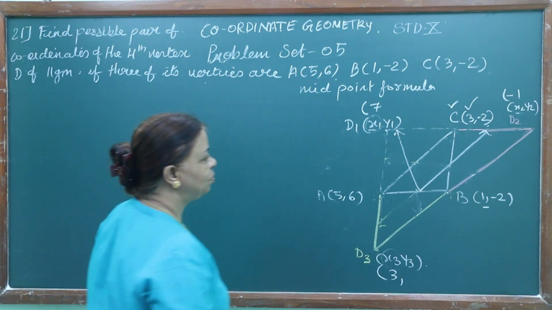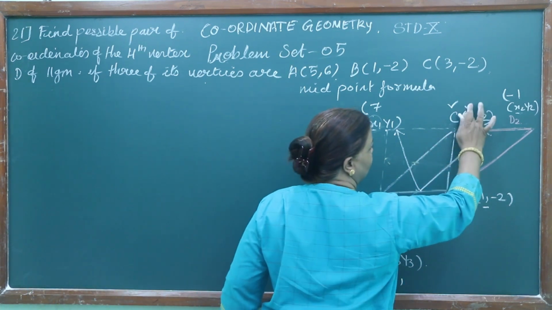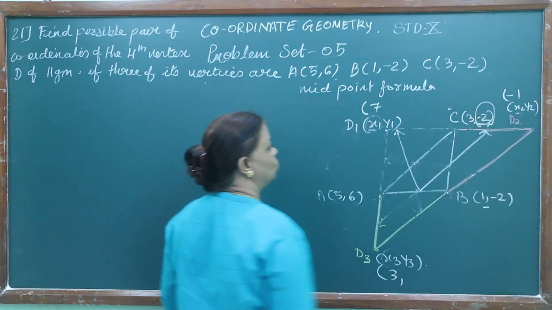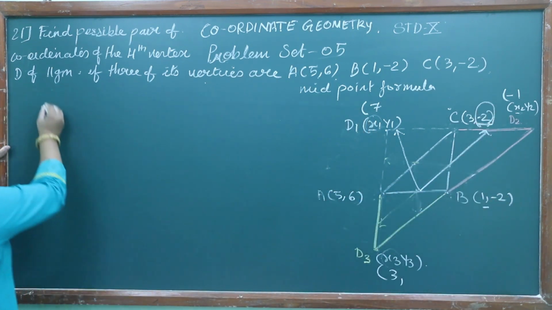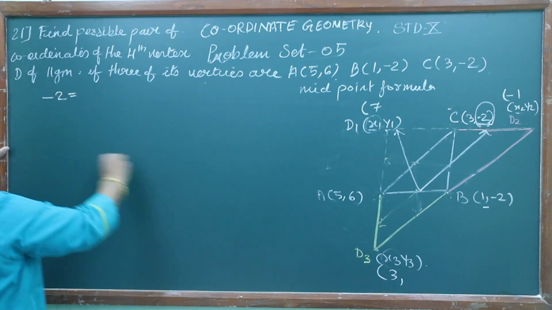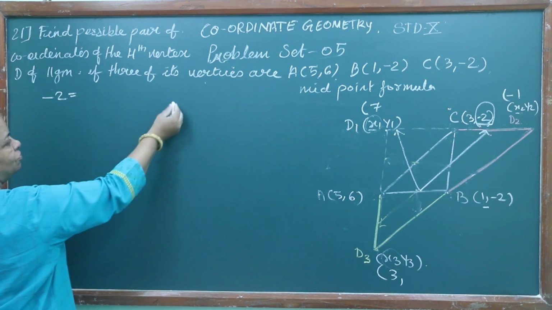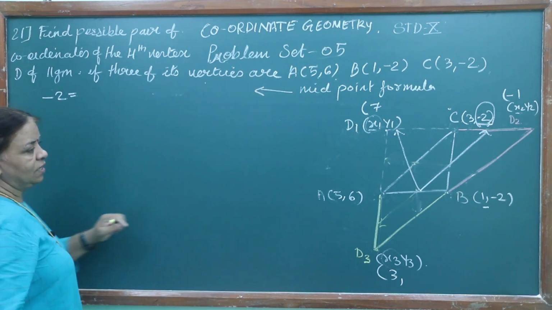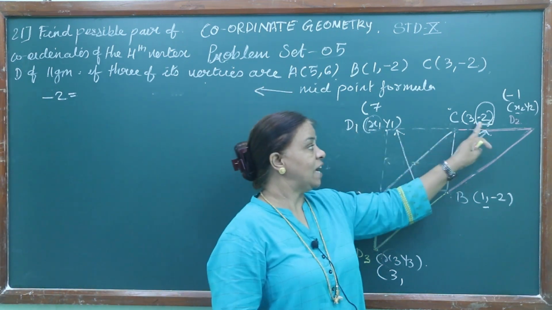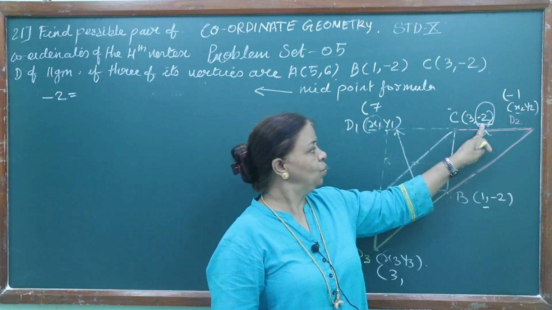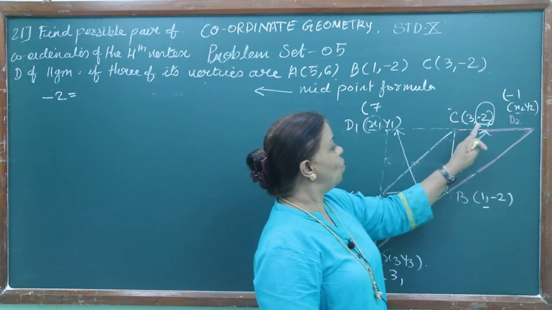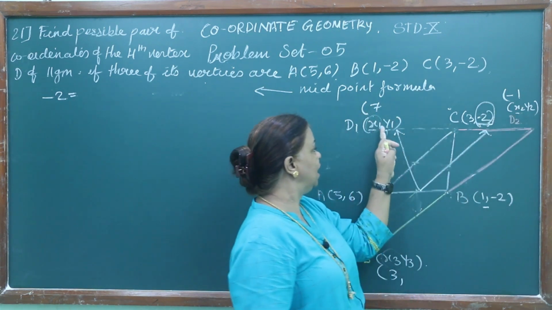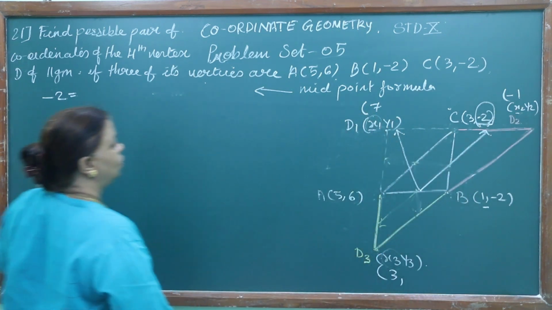First we will start with midpoint C. See, y coordinate of C is minus 2 and C is the midpoint. So when C is the midpoint, by midpoint formula, here it is written, y coordinate of C will be equal to y coordinate of D2 plus y coordinate of D1 upon 2.